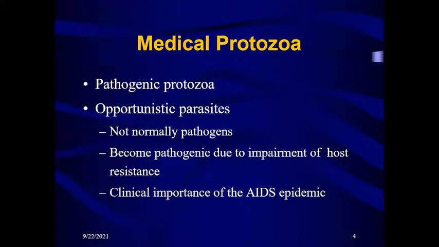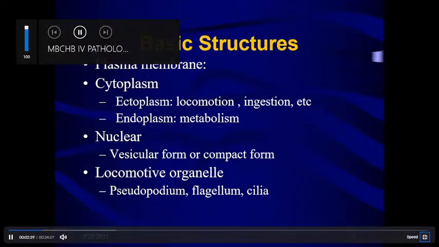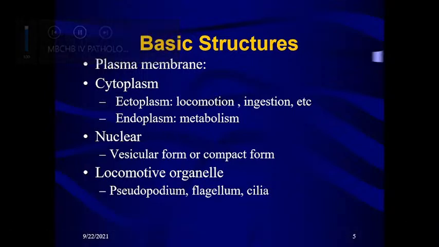They are not normally pathogens, but they become pathogenic due to impairment of host resistance. And here you have clinical importance in the HIV or AIDS patients. The basic structure of amoeba is that they have a plasma membrane. They have a cytoplasm, which has an ecto and an endoplasm. The ecto is mainly has a locomotive and ingestive functions, and the endo is where metabolism occurs. There is nucleus, either a vesicular form or compact form.